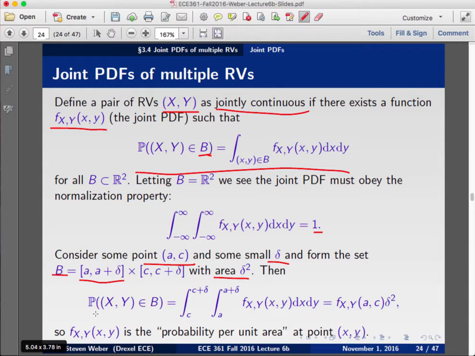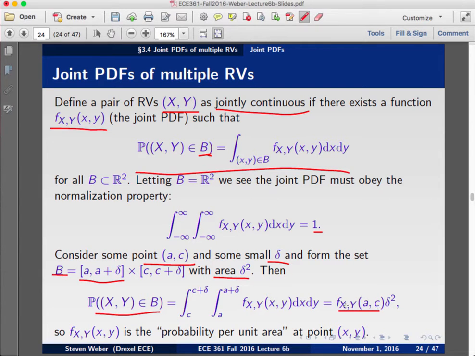Then the probability that xy is in that particular choice of B listed here is going to be found by integrating over all y from c to c plus delta, over all x from a to a plus delta, the joint PDF at each point in that square. And again, using that Riemann integral approximation I just mentioned, that integral is going to be approximately given by the height of the function over that square, which is approximately f sub xy at a comma c, times the base area delta squared.